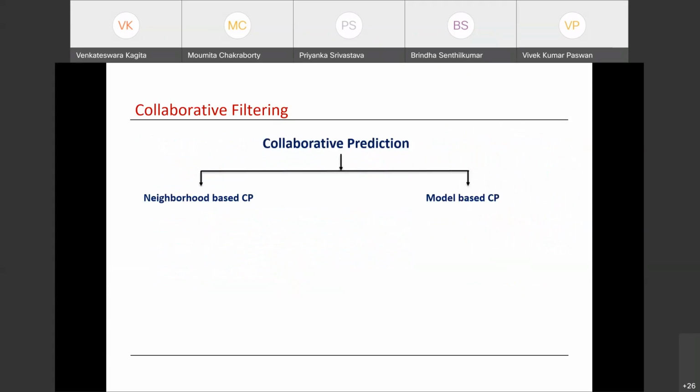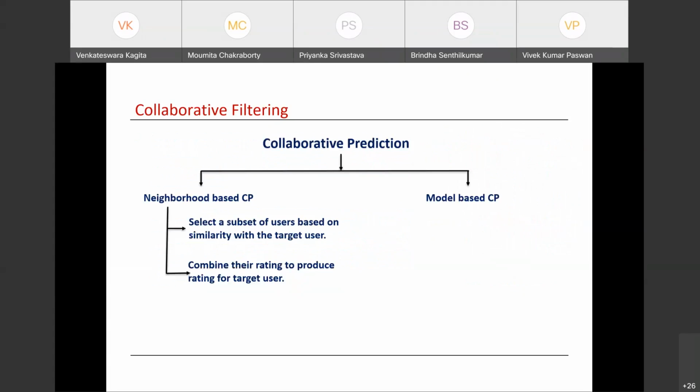So collaborative prediction models can be categorized into two different types: neighborhood based collaborative filtering and model based collaborative filtering. In neighborhood based collaborative filtering, we select a subset of users based on the similarity with the target user.